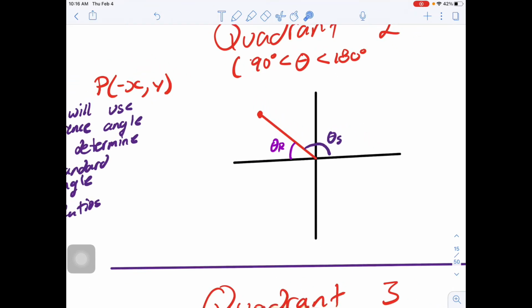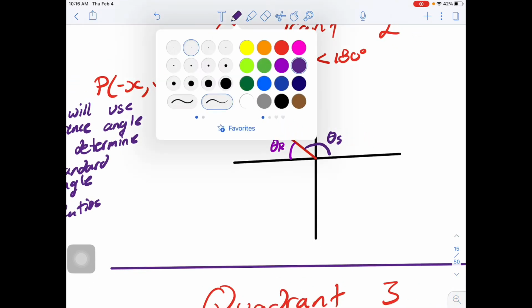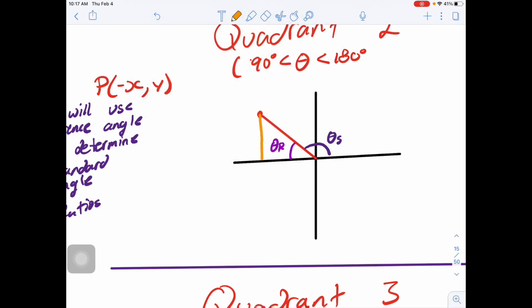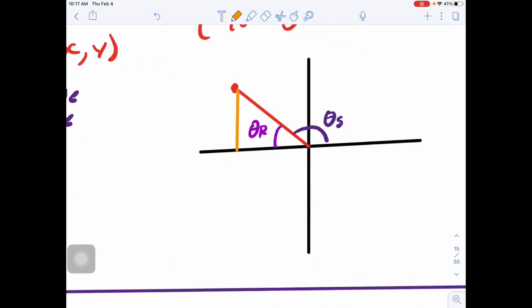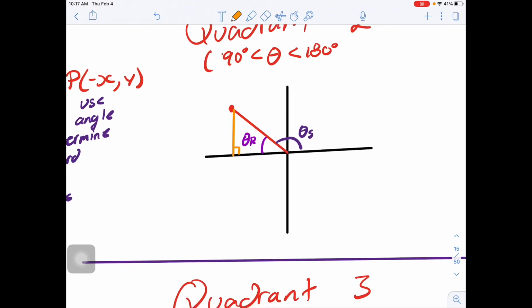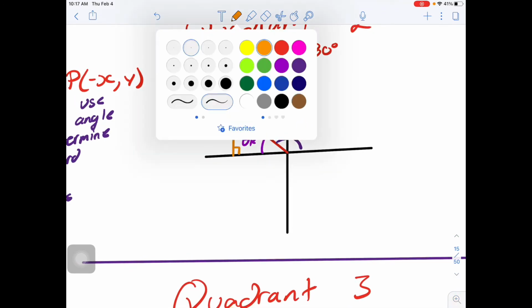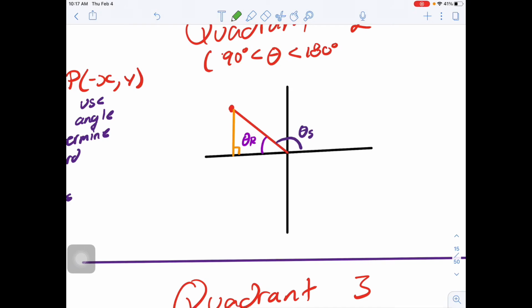So yet again, what can we do here? Well, we can drop down our point and form a right triangle. And then as soon as you have a right angle triangle, then we're dealing with SOHCAHTOA. So again, this length here is negative x. Okay, we're dealing with a negative x value now. This length here is positive y.